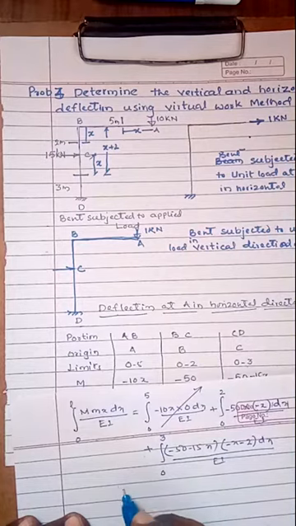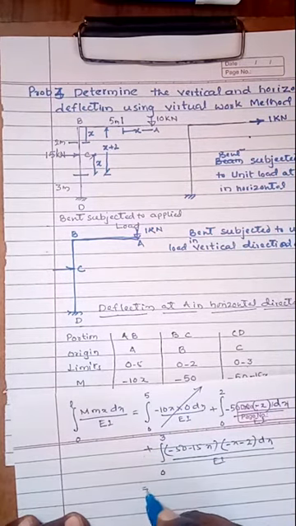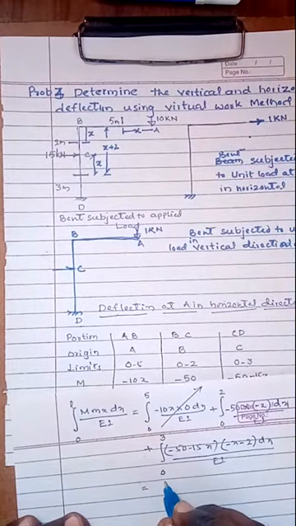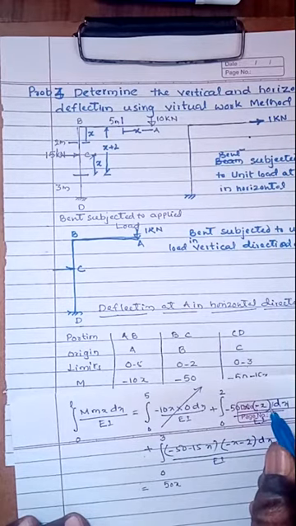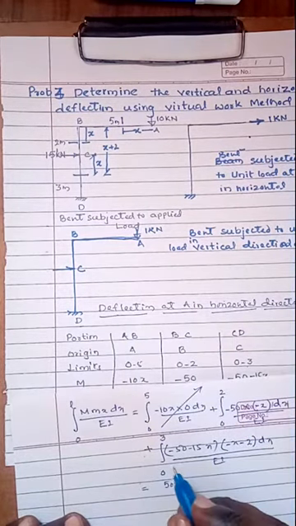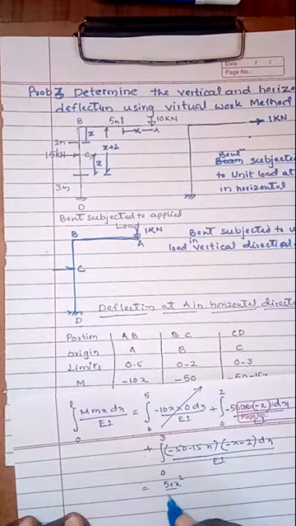Now if we integrate and simplify this, the integration of 50x is 50x square by 2EI, that is for the second term.